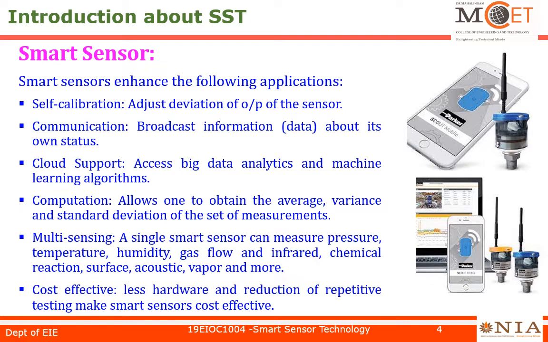A sensor can measure a single parameter, but a single smart sensor can measure multiple parameters such as pressure, temperature, humidity, gas flow, infrared, chemical reaction, surface distance, acoustic, vapor, etc. And a very important thing is cost effectiveness. It has less hardware and a reduction of repetitive tests, making smart sensors cost effective.